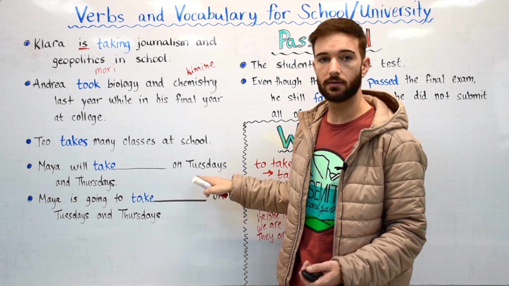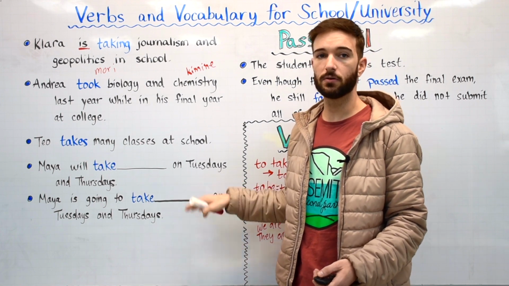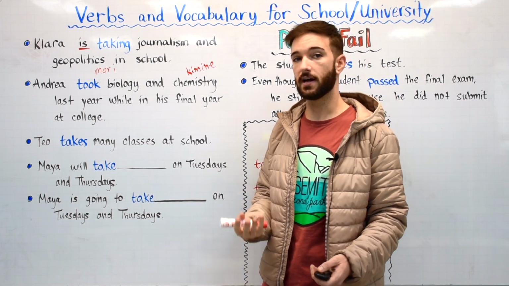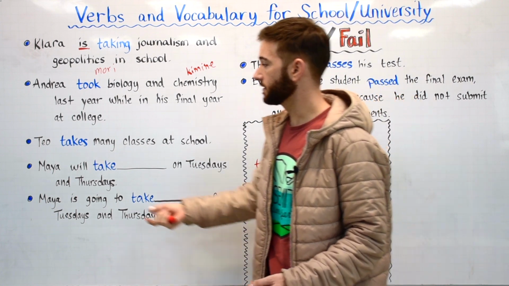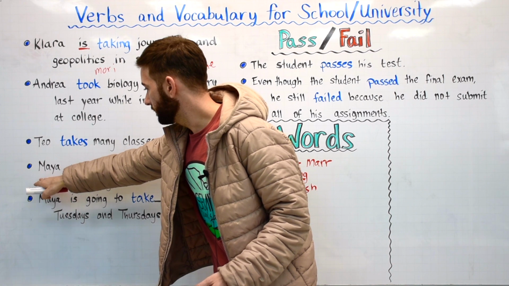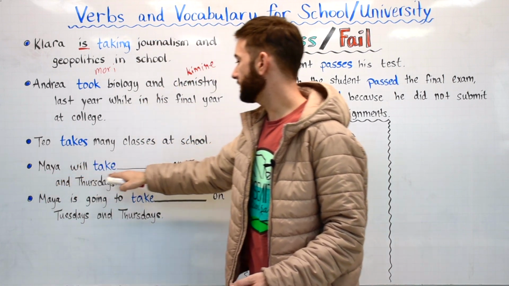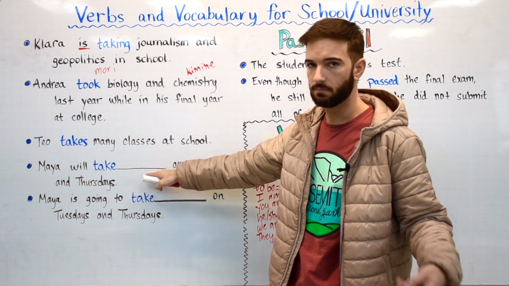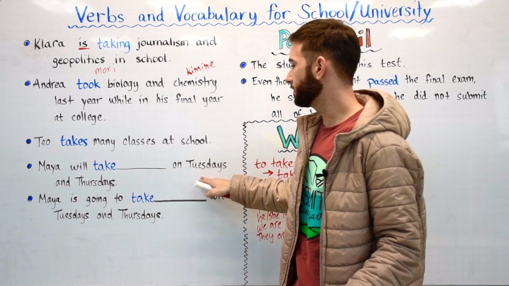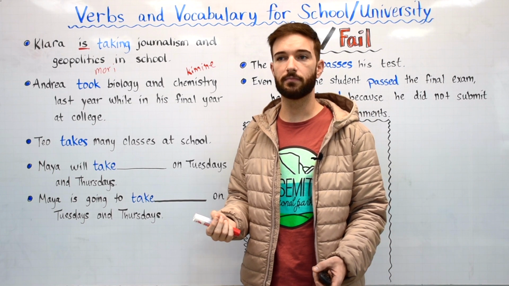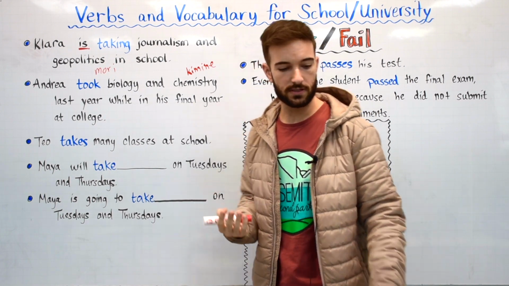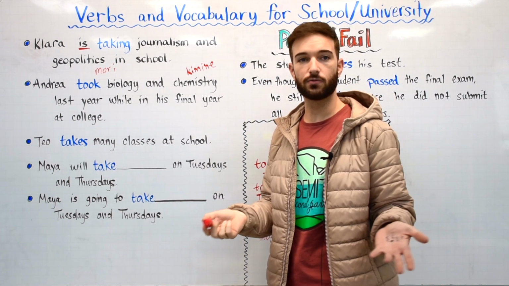We have another example. Okay, dua t'ju jap një shembull në kohën e ardhshme. I want to give you an example in the future tense. It says, Maya will take blank, put what class you want, on Tuesdays and Thursdays. For example, I will use an example because I live in Israel.